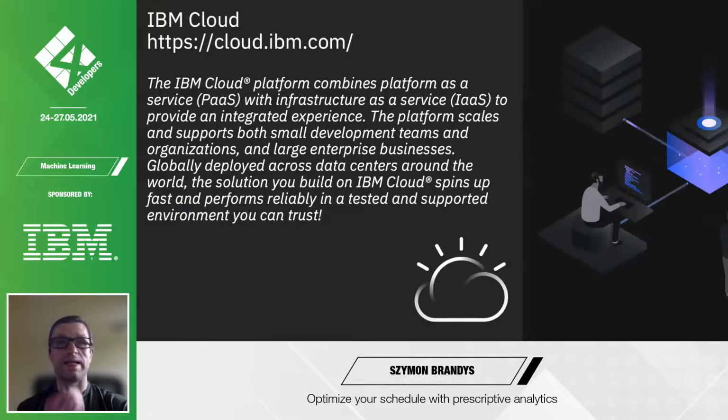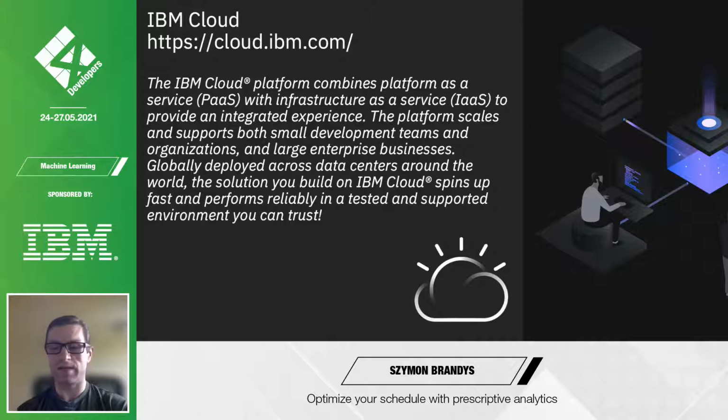Just two things, because we will be using them. First is IBM Cloud. This is a platform that combines PaaS and IaaS solutions, so you can deploy your applications using Kubernetes, OpenShift, Cloud Foundry, and so on. This could be useful. I don't know if we have enough time to go that far, but maybe we can.